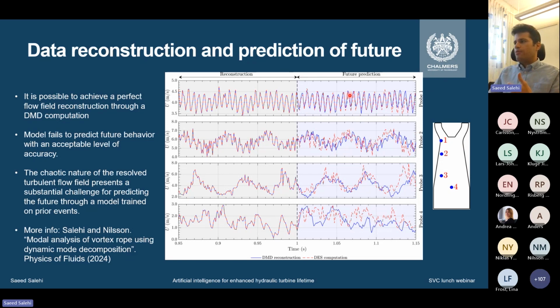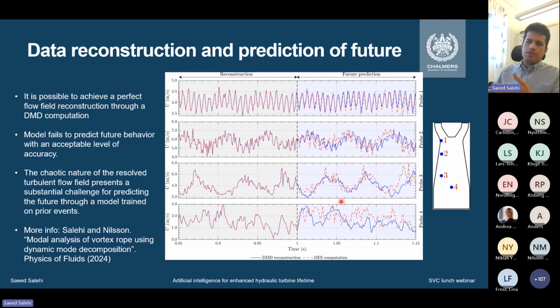But when we go far downstream, where we have a fully turbulent, disintegrated flow with a broad range of frequencies, that is a chaotic flow, and it's impossible to predict. So the chaotic nature of turbulence makes it very challenging, or probably impossible, for data-driven methods to predict.